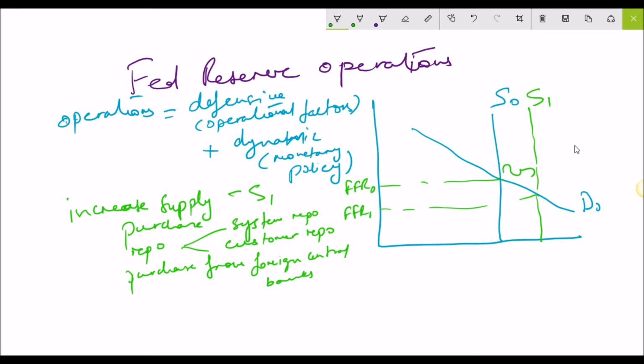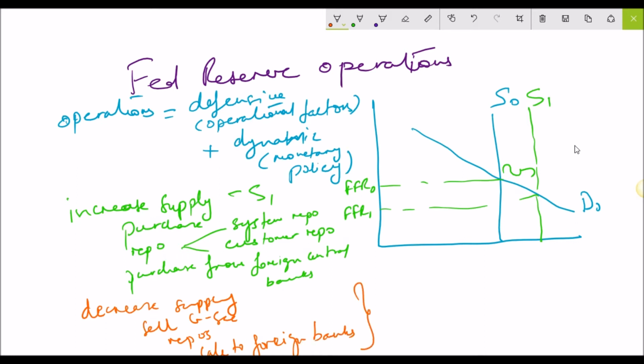As we've mentioned, some of these transactions are permanent additions or subtractions to the reserves, while repos are temporary. When the Federal Reserve Bank purchases securities from the market or a foreign bank, it permanently adds reserves to the banking system. Essentially, as we have seen, when the Fed purchases securities, its assets increase and its liabilities, which are deposits of the banks, increase, increasing reserves.